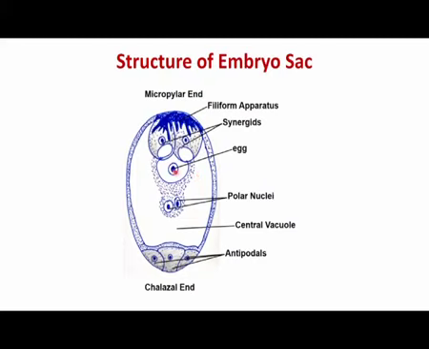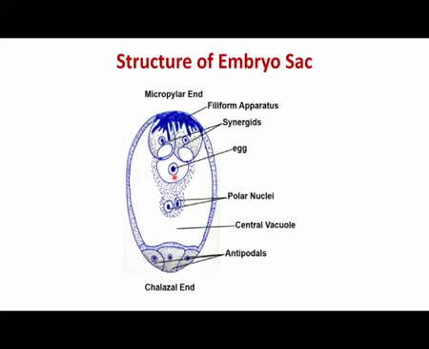Then, next to the egg, we have the 2 synergid cells. These are elongated cells which form the filiform apparatus in the micropylar region. The cell wall is incomplete because it shares part of its wall with the egg.